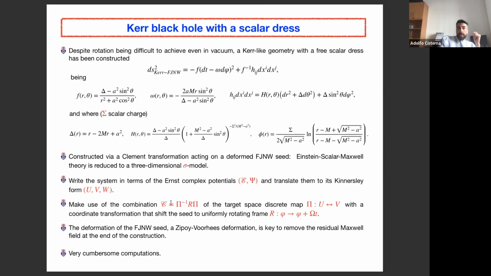Although many solutions are known in the minimally coupled sector, Einstein with a minimally coupled scalar field, rotation is always very difficult to achieve. Kerr-like rotation. The symmetries I showed you before produce NUT, they produce some rotation induced by the interaction of the electromagnetic fields.